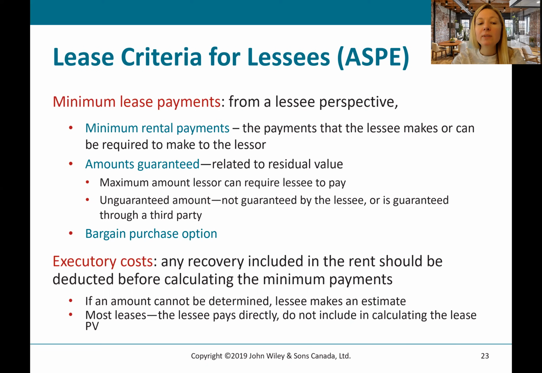In most leases, the lessee may pay these directly, so we take it out of the rent payment. It would say, the lessee has to make rent payments of $10,000 a month plus $1,000 for executory costs, or $1,000 for paying for the janitor or whatever. That would be an executory cost, so we would disregard that $1,000 and calculate our minimum lease payments based on just the $10,000.